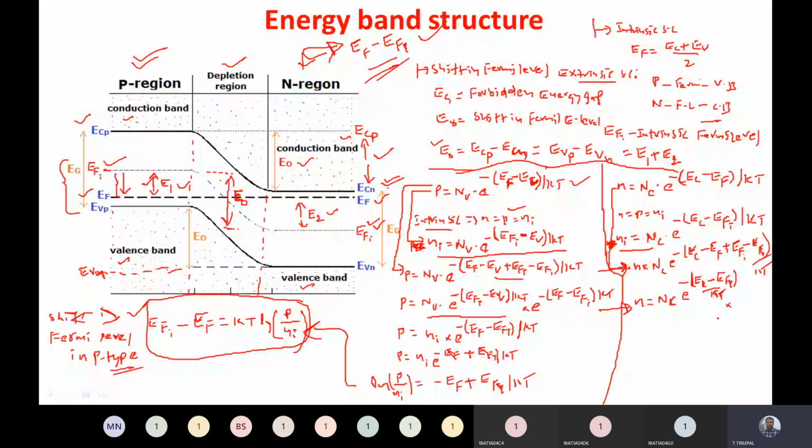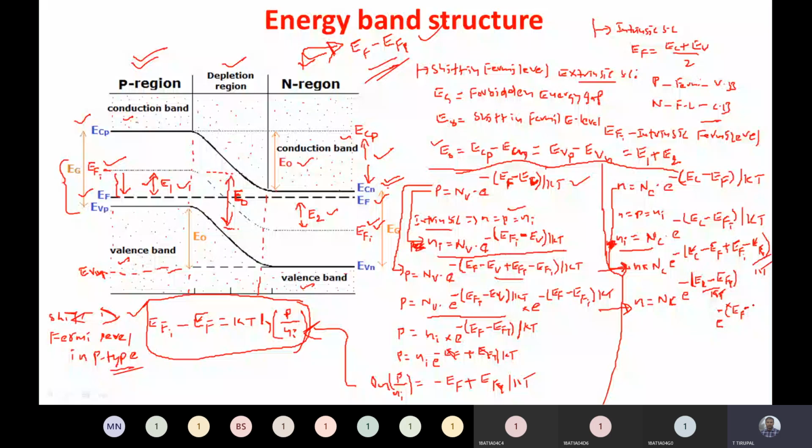What is the remaining equation? e power minus of, Ec minus EFI we have removed, so what remains is minus of EF minus EFI divided by KT.